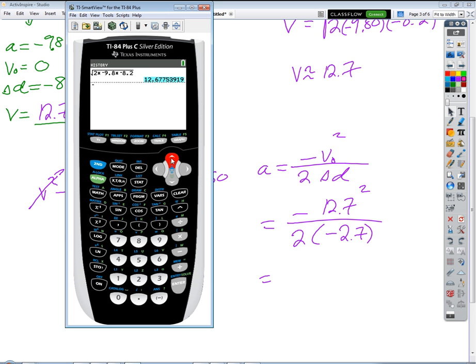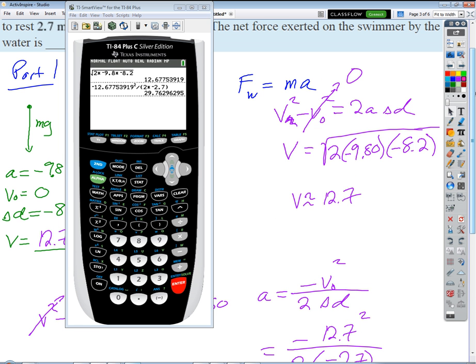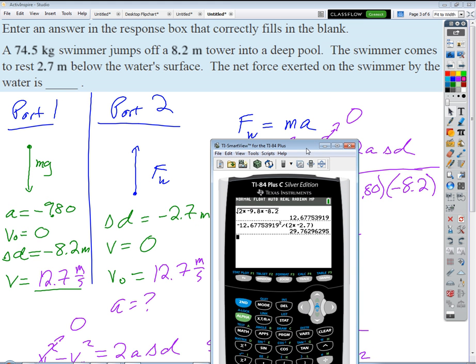Negative 12.7 squared divided by the quantity 2 times negative 2.7 gives us about 29.8. How many sig figs? I think we only got 2 sig figs. Yes, we got 2, so it's 30.